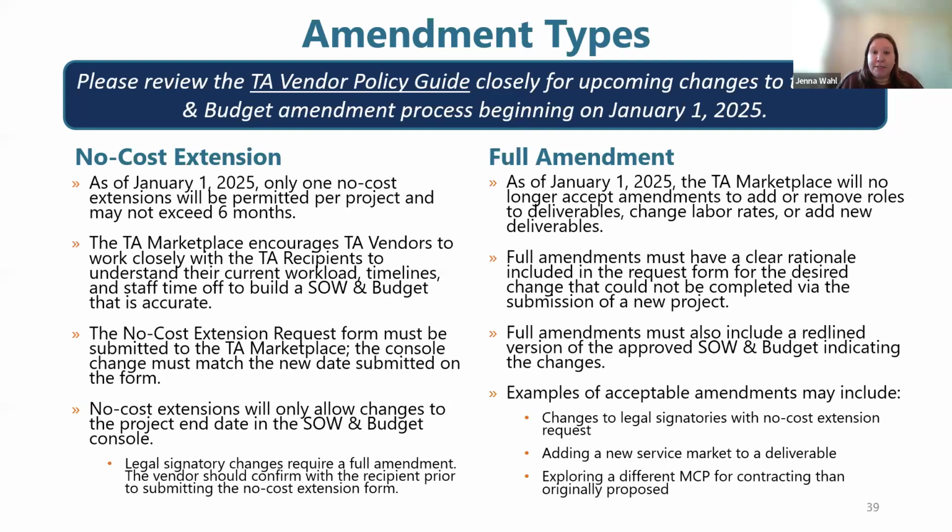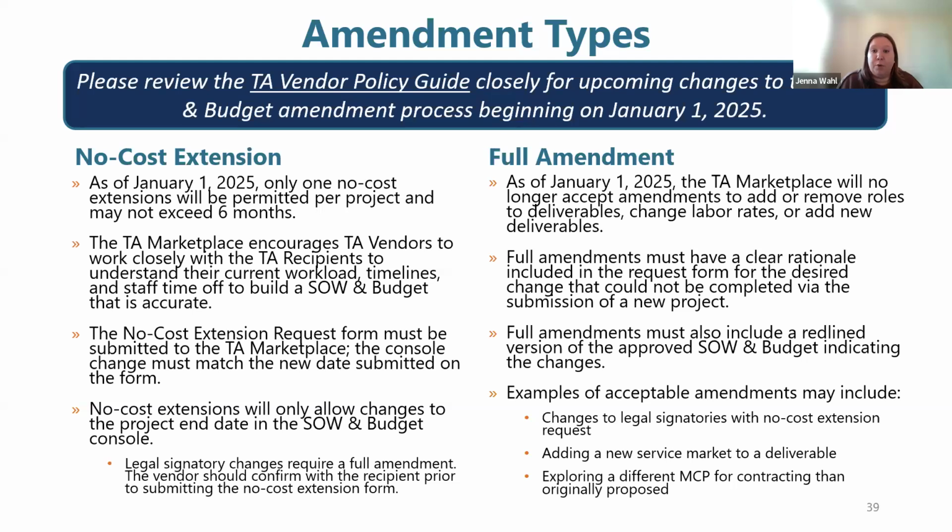For full amendments, as of January 1st, the marketplace will no longer accept amendments to add or remove roles to deliverables, changing labor rates, which it hasn't to date, and adding of new deliverables. Full amendments must have a clear rationale included in the request form for the desired change, as well as a red line version of the approved scope of work and budget indicating such changes. Acceptable amendments may include changes to legal signatories, adding a new service market to a deliverable.